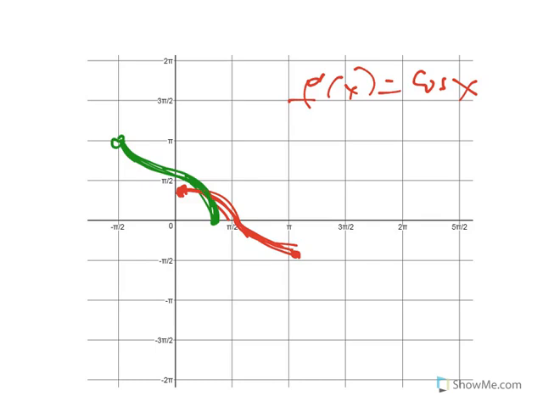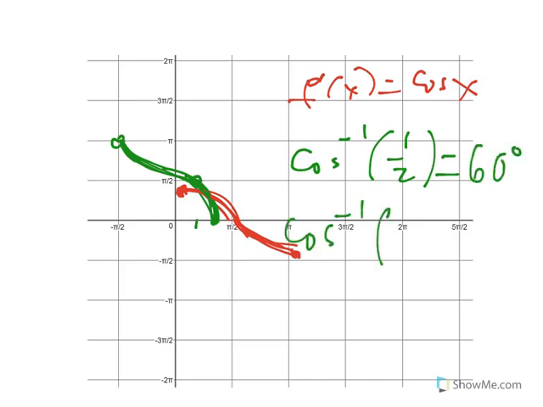Now, when you say something like, what's cosine inverse of 1/2? Well, if I go to 1/2 and I go up here, the y-coordinate is going to be 60 degrees.